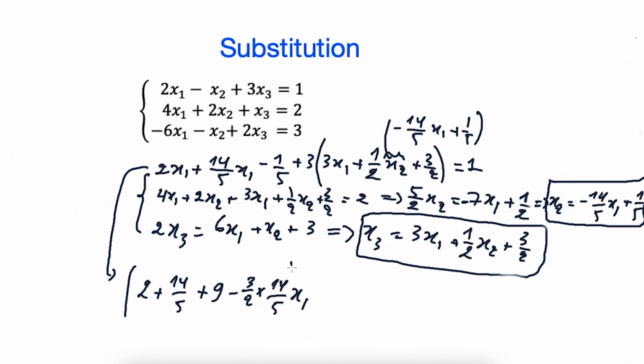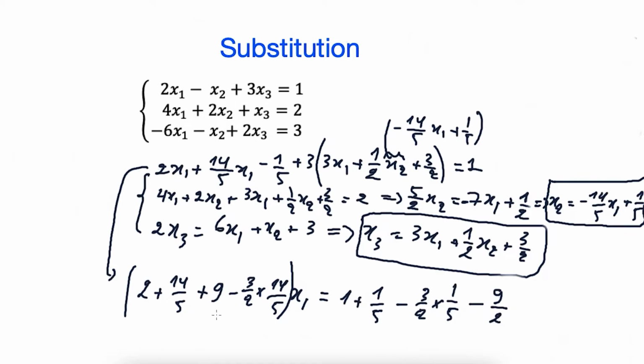This is times x1, and this equals the constant 1 plus 1 over 5, minus 3 over 2 times 1 over 5, and also 3 times 3 over 2, which gives minus 9 over 2.